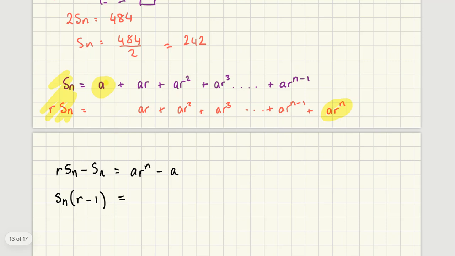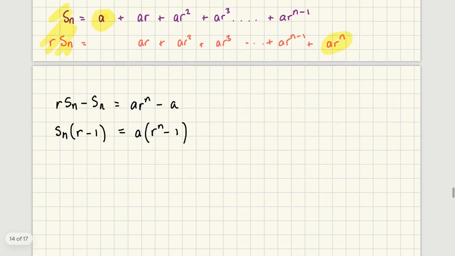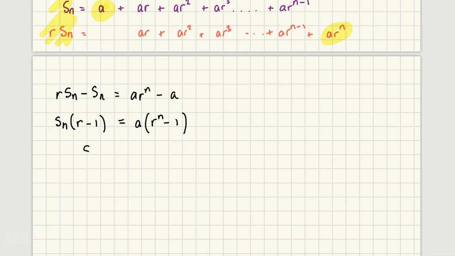And on this side, I can simplify by factorizing as well. I'm going to go A times R to the N minus 1. Okay. Now to get Sn, all I need to do is divide through. So I've got A times R to the N minus 1 over R minus 1.